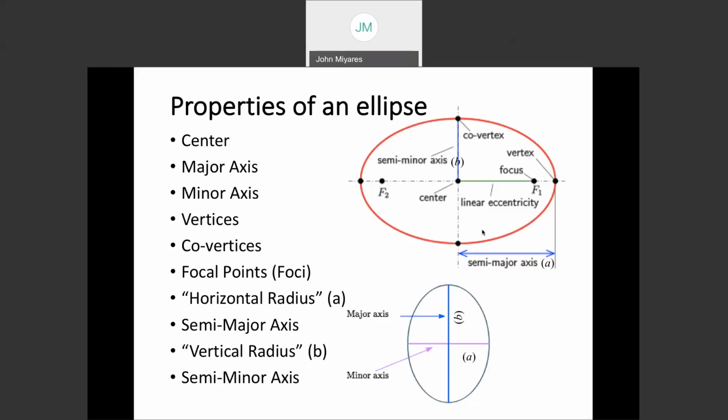Whereas in the approach we will use, the horizontal radius will always be horizontal and the vertical radius will always be vertical. Similarly, to simplify matters, my horizontal radius will always be labeled with the letter A, and my vertical radius will always be labeled with the letter B.